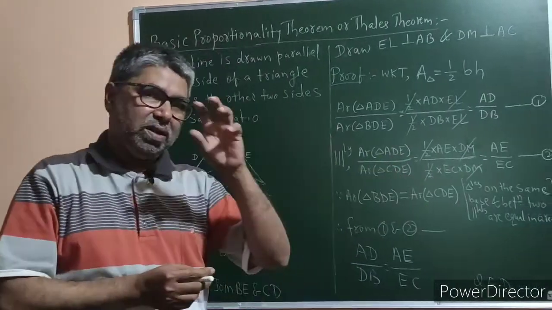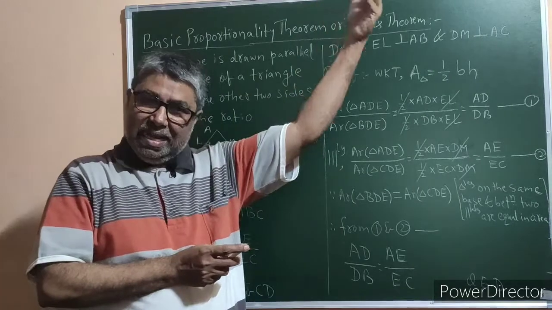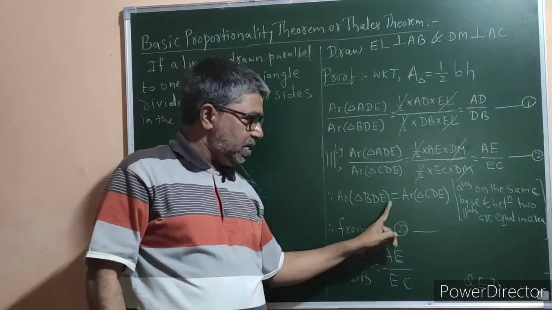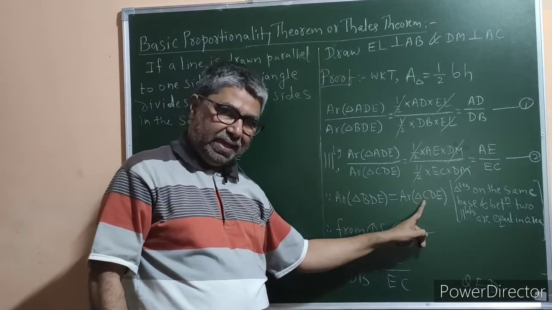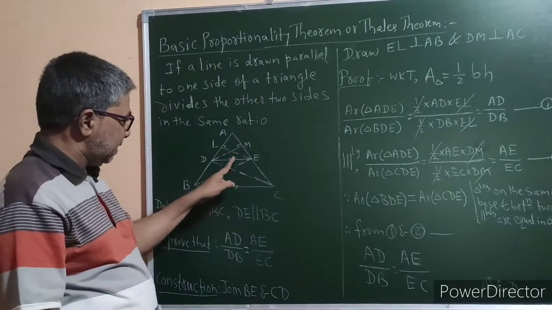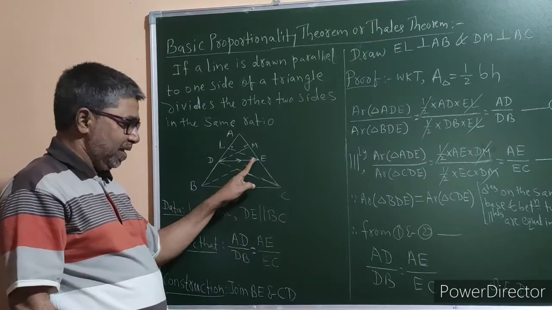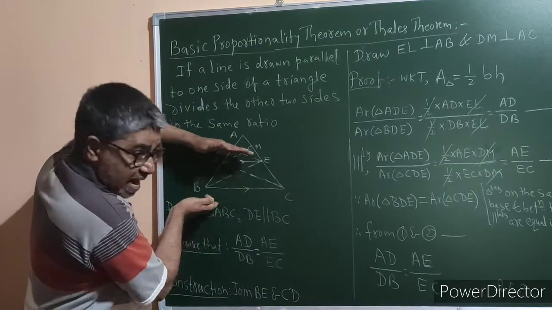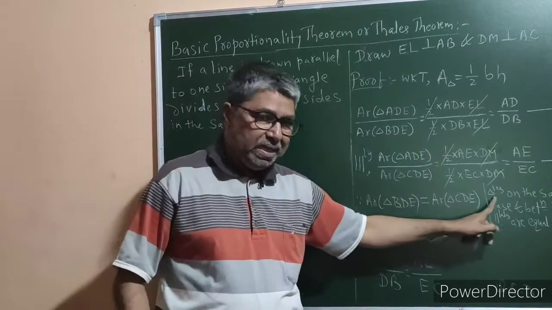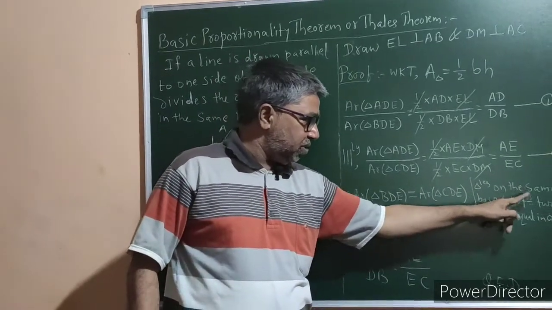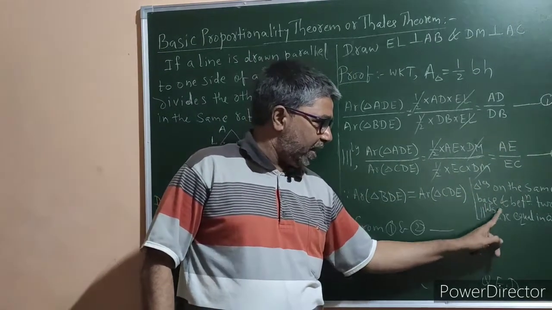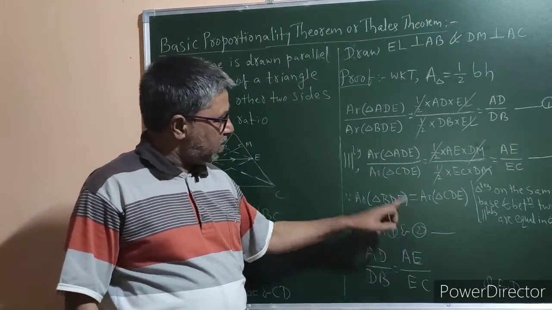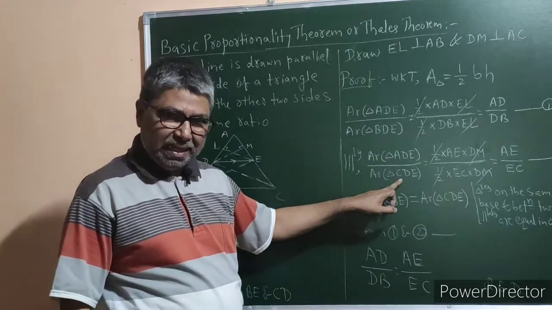This theorem from 9th standard is to be applied here. Area of triangle BDE is equal to area of triangle CDE, because BDE and CDE have the same base DE and they are between two parallels DE and BC. The reason: triangles on the same base and between two parallels are equal in area. So from 1 and 2, BDE and CDE are the same.